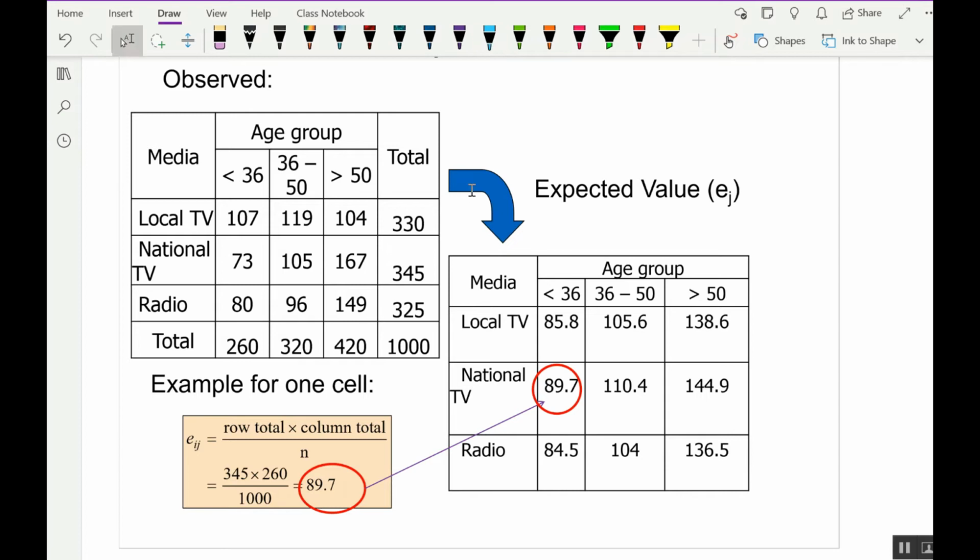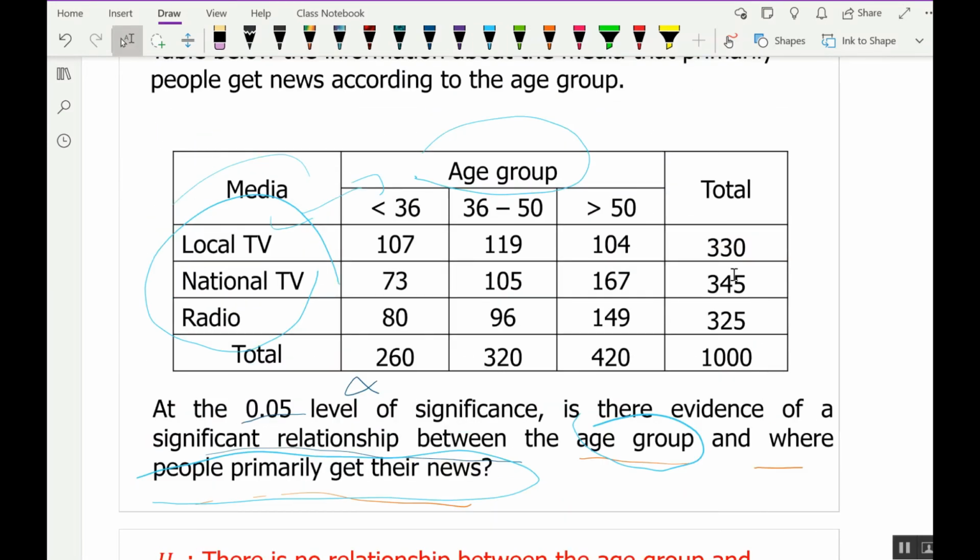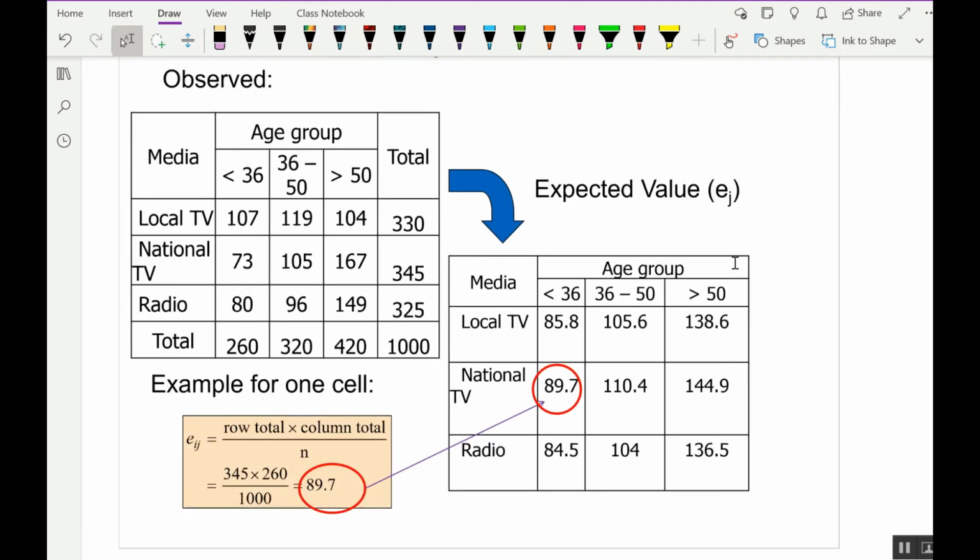If you see from the first slide that shows the information, they have the total for each row and each column. For national TV, the row total is 345, and it falls under the column less than 36, whose total is 260.